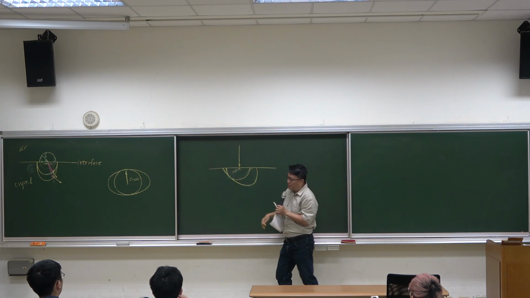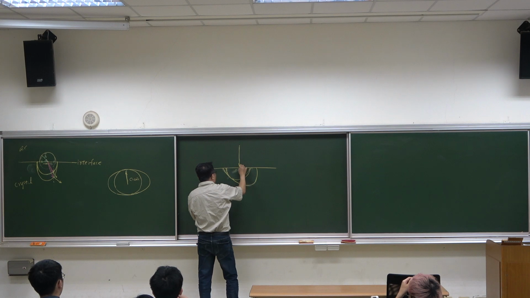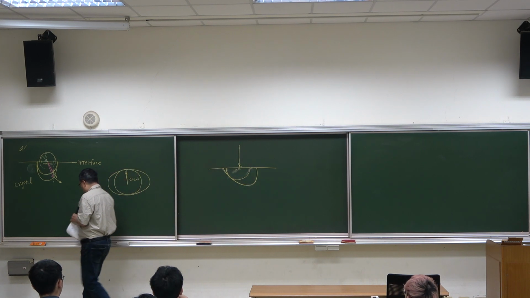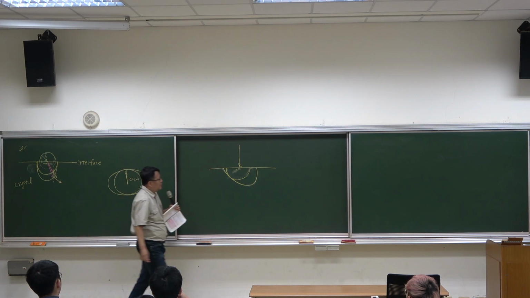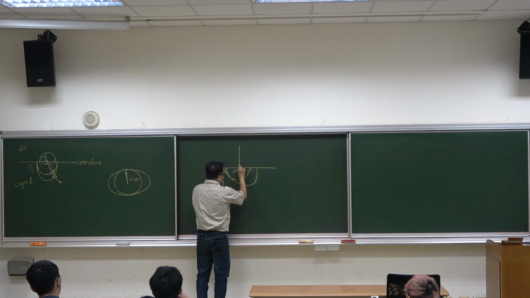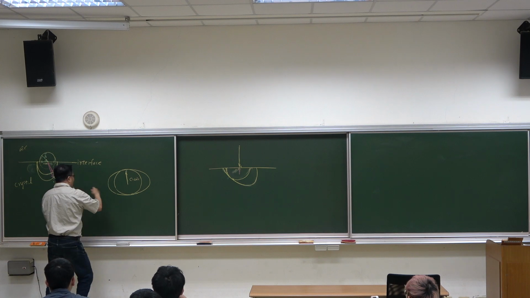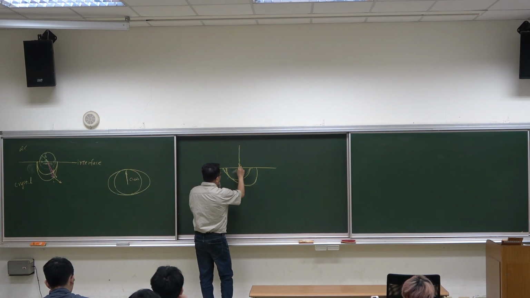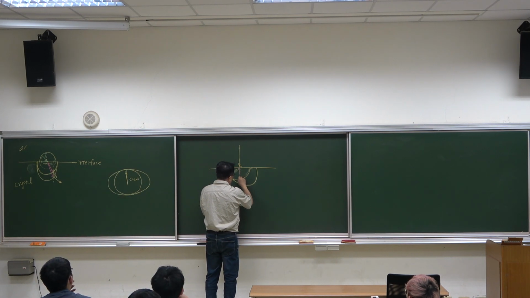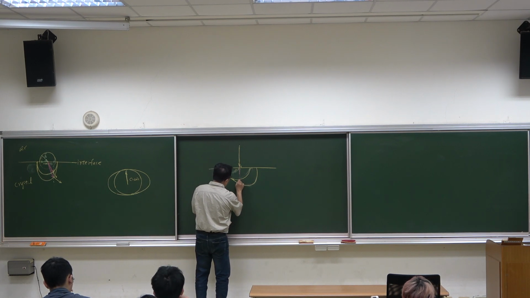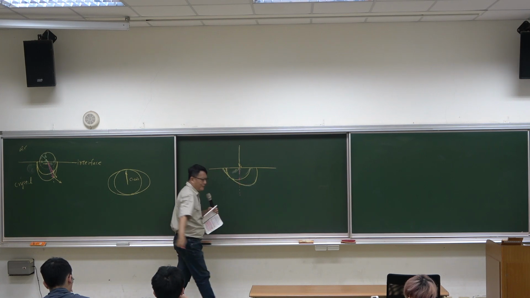Suppose I have an incident wave normal to the interface. So I plot this line because the tangential component of k vector now becomes 0. And I got this point and this point.